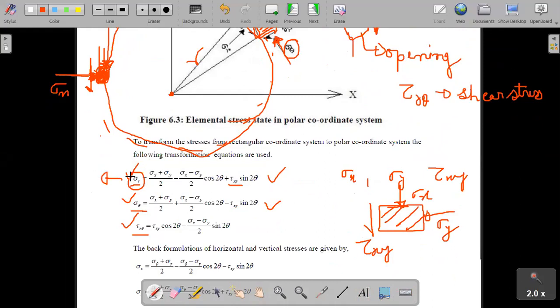This is radial, sigma r or normal. This is the tangential stress, sigma theta. And this is tau r theta, shear stress.